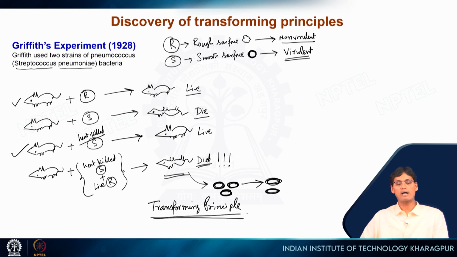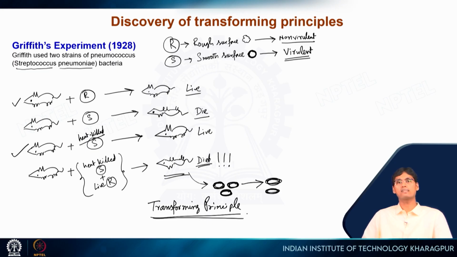Later on, some other scientists proved that this transforming principle is nothing but DNA, which stores the information. So in the heat-killed S strain, although the bacteria is dead, some of the DNA present in this strain went into the R cells and converted them into S strain, so that they can now make this polysaccharide layer on the surface.